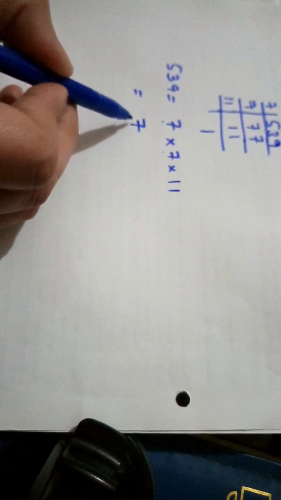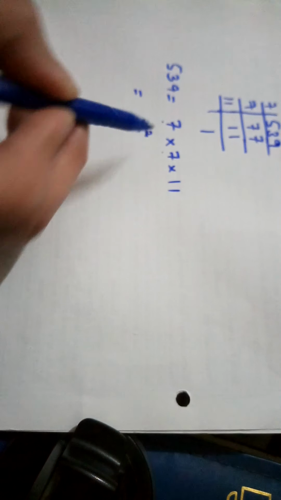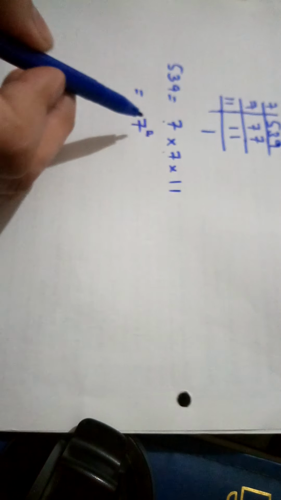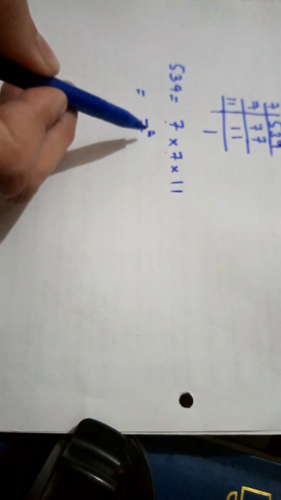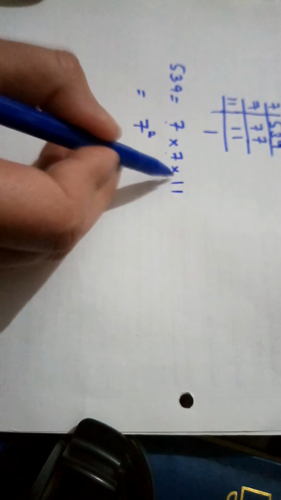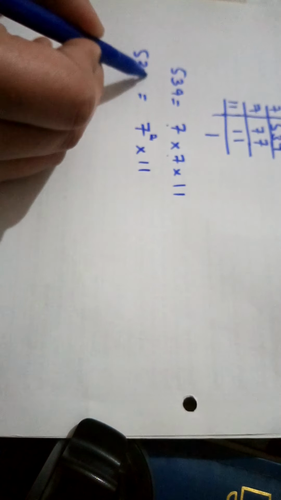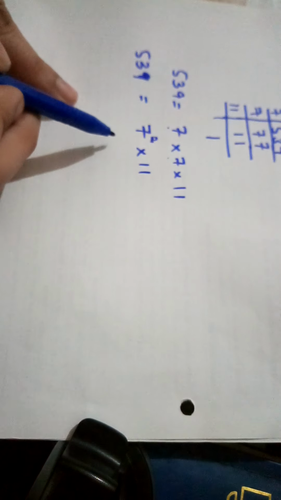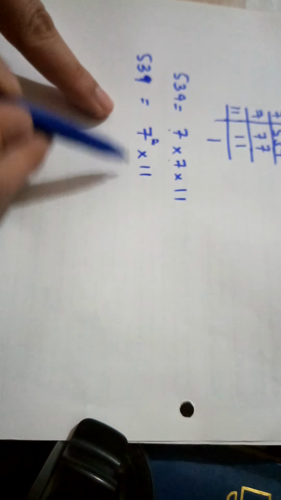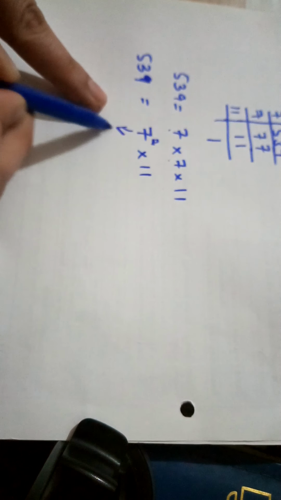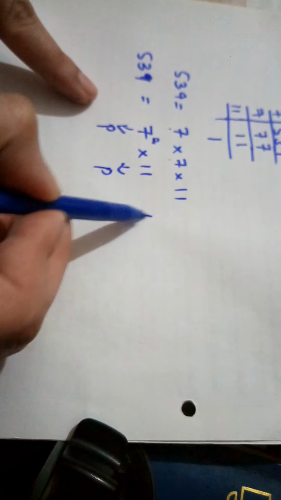So make it the power 2. It is also called the index notation of 7, multiplied by 11. So 539 is represented as the product of two prime numbers. 7 is a prime number, 11 is also a prime number, so it is your answer.